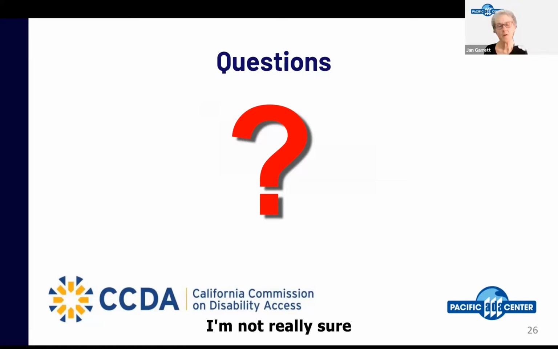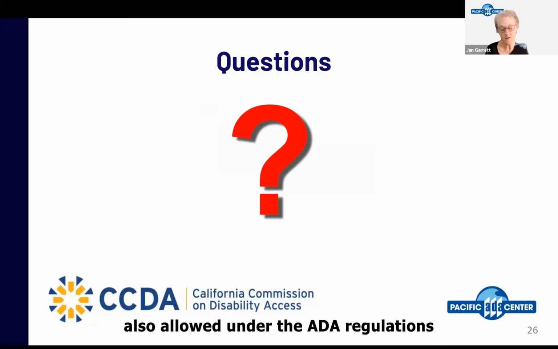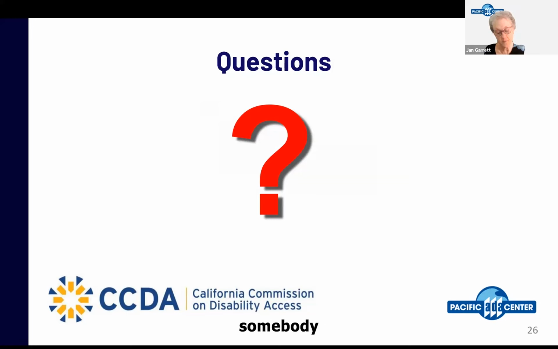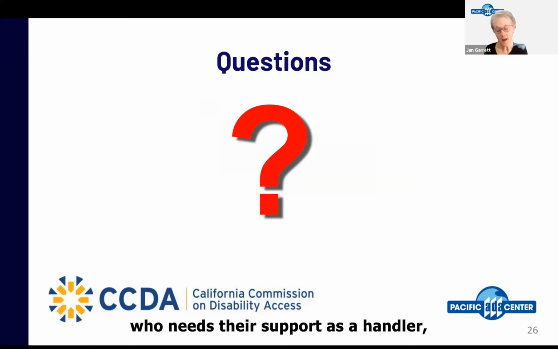This is Jan speaking. I'm not really sure what clarification you're looking for. Basically, a service animal is defined as a dog in the ADA. And a miniature horse is also allowed under the ADA regulations to be able to serve somebody who needs their support as a handler. It used to be that people could have all kinds of different animals as service animals. And after 2011, the regulations changed.